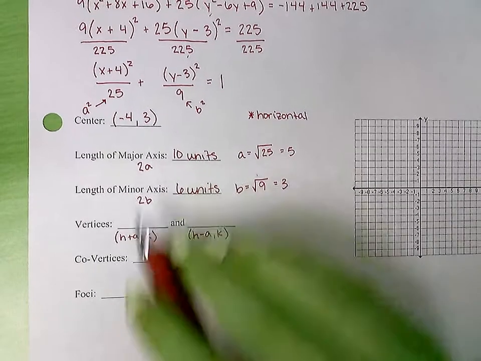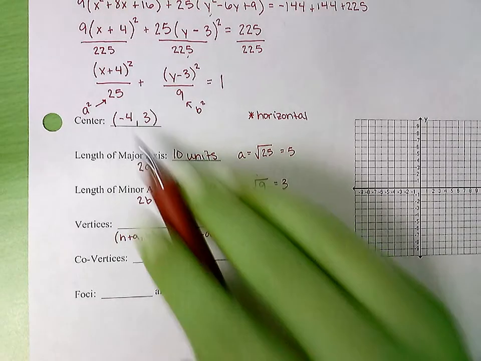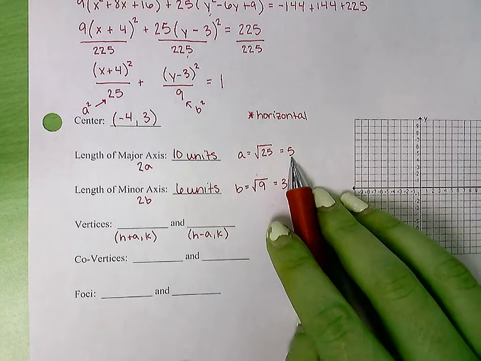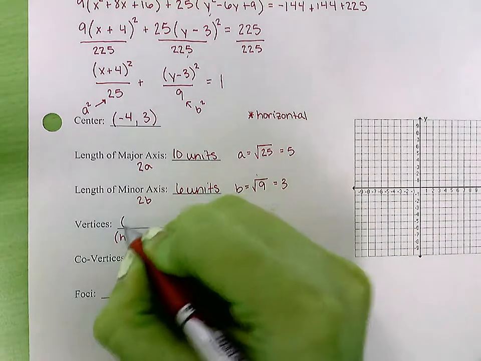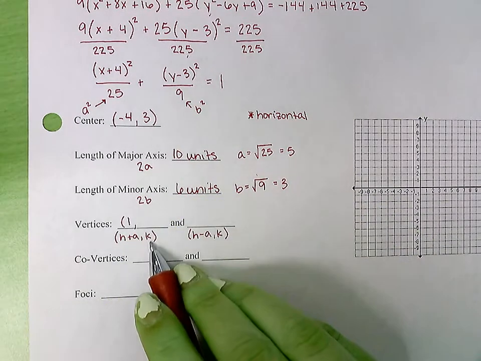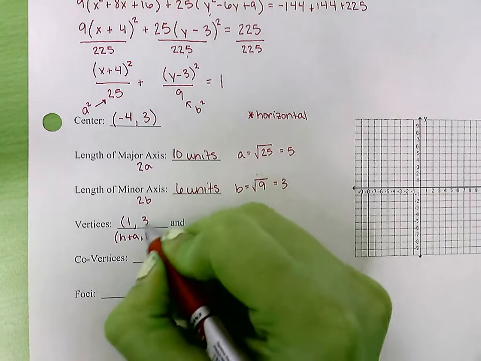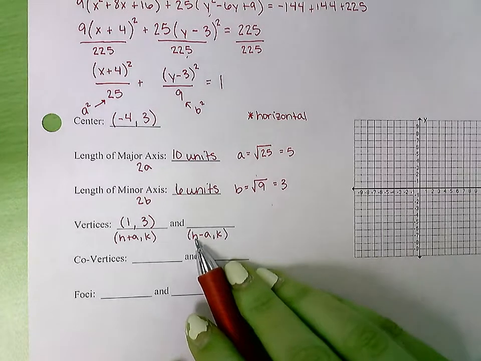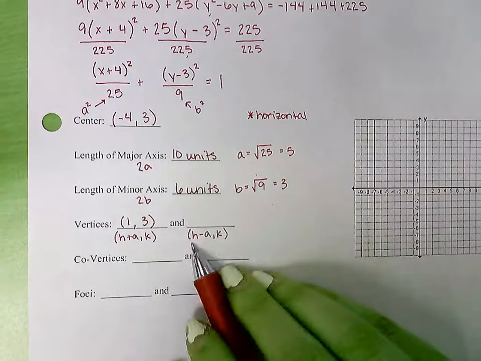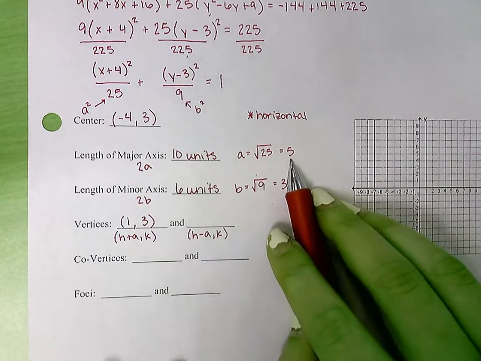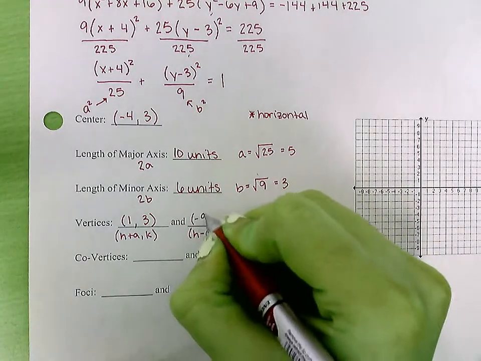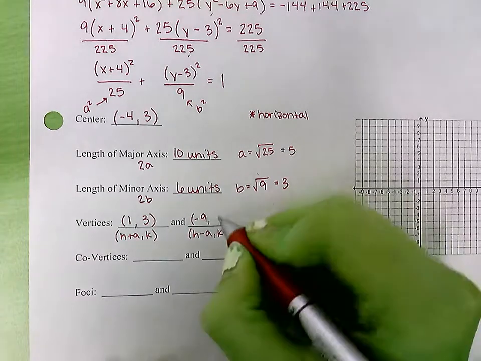So I'll take my h value of -4, add on my a value of 5, so -4 plus 5 is 1. And then k will stay the same at 3. Take your h value, -4 again, minus your a value 5, so -4 minus 5 is -9. And again, k stays the same.